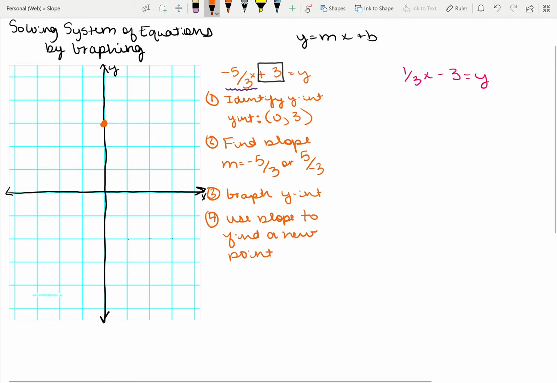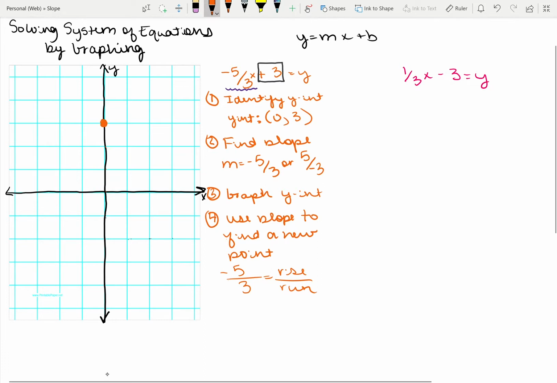From the point I have already plotted, which is the y-intercept, I'm going to use the slope negative 5 over 3, since that was my original slope, and find another point. Remember, it's rise over run for slope. Instead of rise, since it's negative, I'm going to fall 1, 2, 3, 4, 5 places.